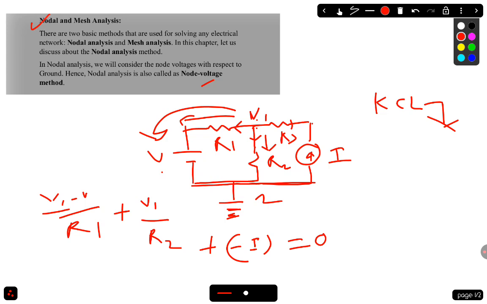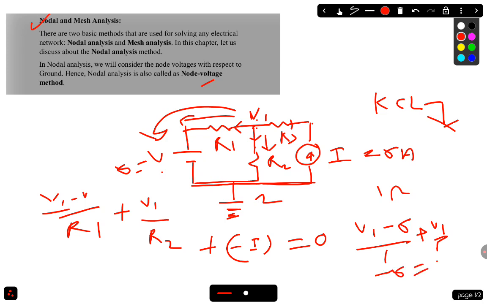So if I put 5 ampere, and R1, R2, R3 are 1 ohm, what will be the value of V1? Assuming 5 volt, V1 minus 5 divided by 1 plus V1 by 1 minus 5 equal to 0.